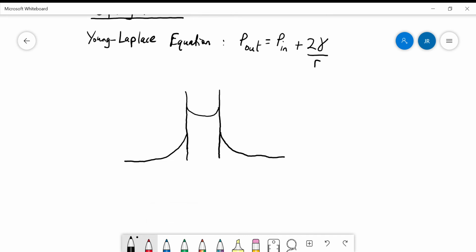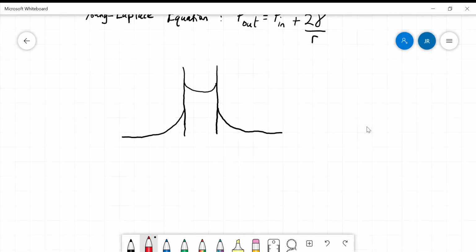Let's start to annotate this diagram a little bit. Let's look at this level of water here.